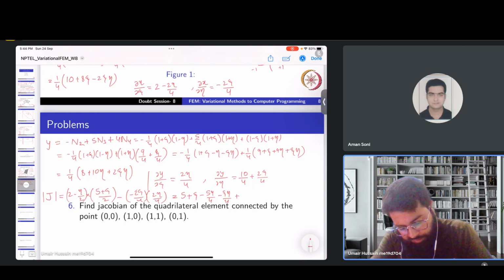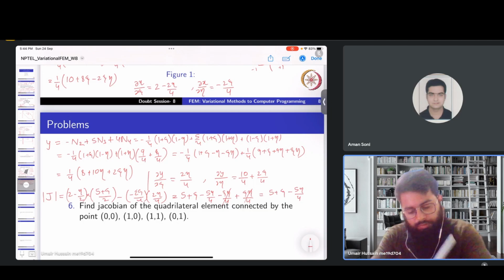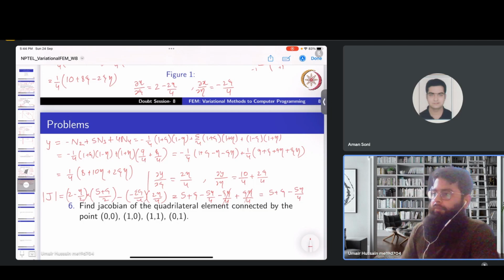Plus 7, so minus 11. It's a linear function now.